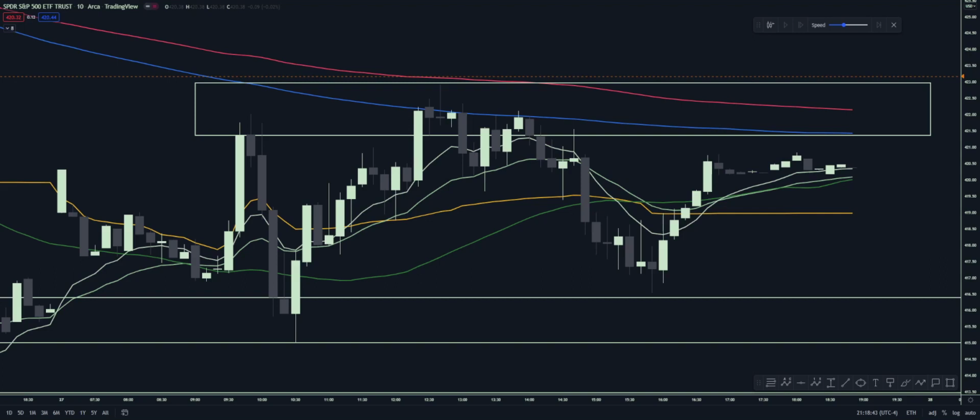But with straddles, you need, I believe, a pretty impulsive move. That's why people play straddles with earnings, because no matter what happens, 9 times out of 10 you're getting that impulsive move. Because if you buy a straddle on SPY and it just does nothing, you're losing double the money.